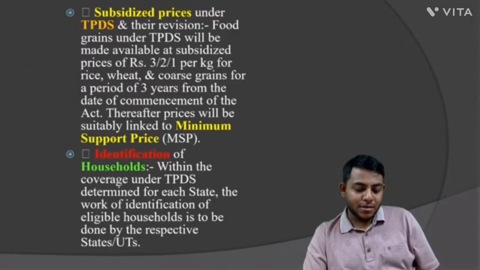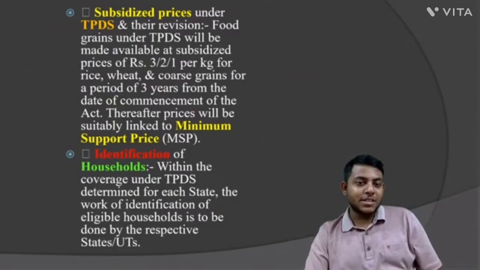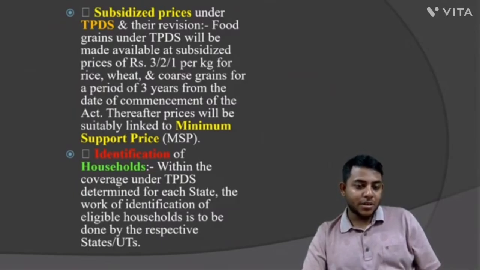And another feature of the National Food Security Act of 2013 is subsidized prices under the targeted public distribution system and their revision. So food grains under the TPDS will be made available at subsidized prices of rupees 3, rupees 2 and rupees 1 per kg for rice, wheat and coarse grains respectively for a period of 3 years from the date of commencement of the National Food Security Act.